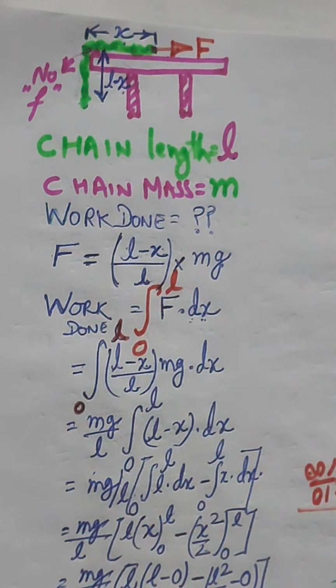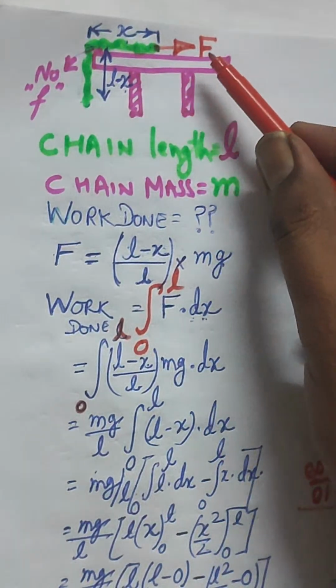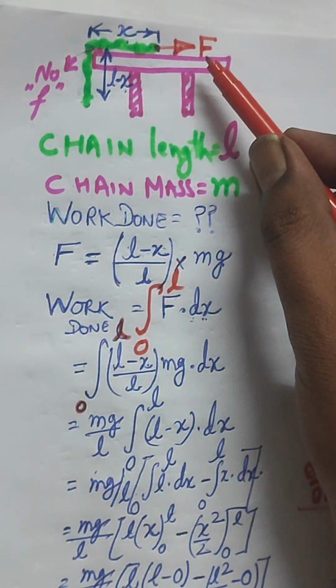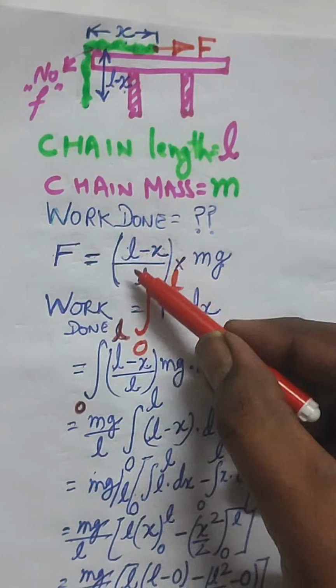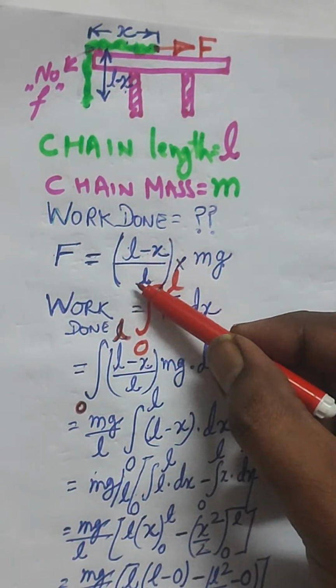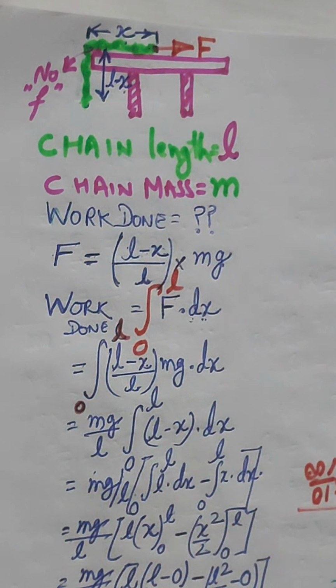Okay, so students, just going for the recap: this force will be equal to the weight in the ratio of the part which is hanging off the table. The concept lies over here.